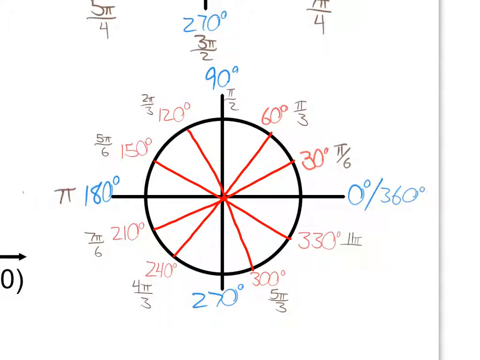So we're at 11 pi over 6. Okay? Now, wait, what's 270? 270 is straight down. That's 1.5 pi, so that's 3 pi over 2. Okay?